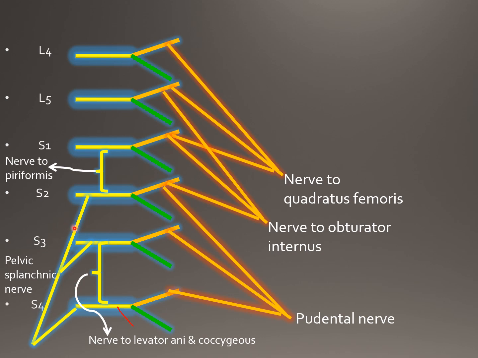The next nerve arising from the roots is the pelvic splanchnic nerve, which arises from S2, S3 and S4 and joins to give the pelvic splanchnic nerve. This carries preganglionic parasympathetic fibers and viscerosensory fibers. Each nerve goes to form a plexus, the inferior hypogastric plexus.